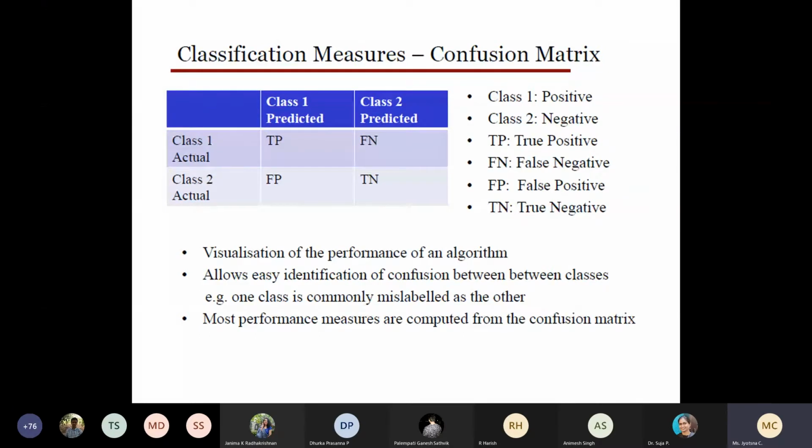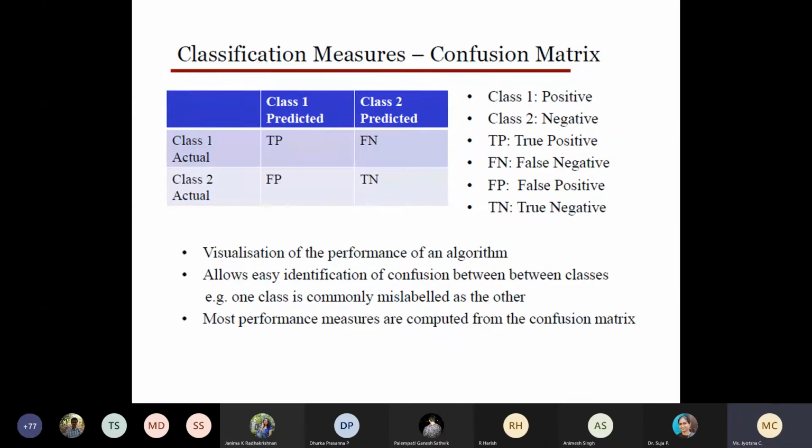Here it is just a general representation, with the classes considered as class 1 and class 2. We will again discuss with an example also. So, general classification, class 1 and class 2. If it actually belongs to class 1 and is predicted as class 1 itself, that is a correct classification, and we call it true positive.